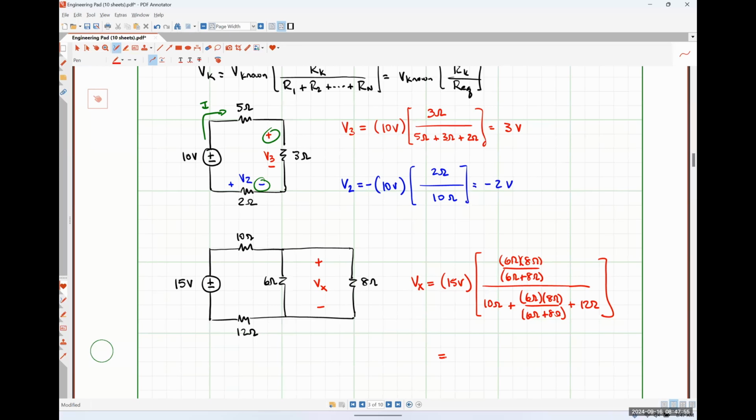So 15 times 6 times 8 over 6 plus 8, over 10 plus 6 times 8 over 6 plus 8 plus 12. So I got a voltage of 180 over 89 volts, which is 2.022 volts.